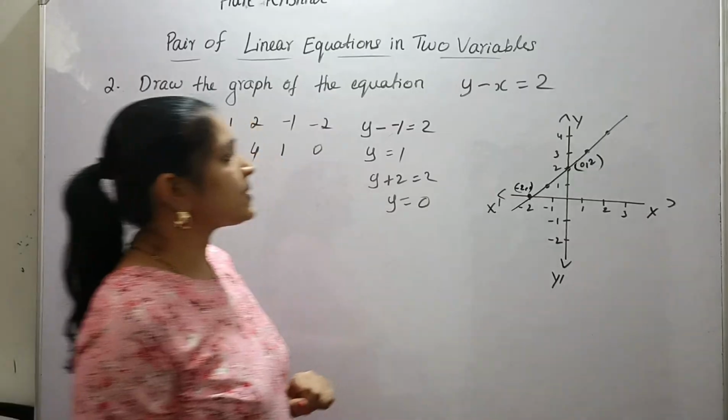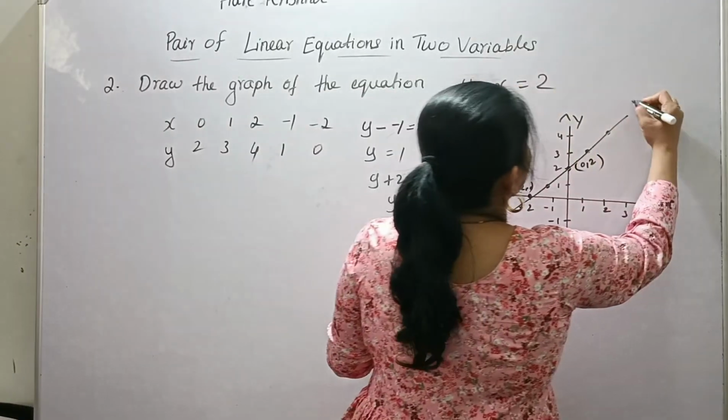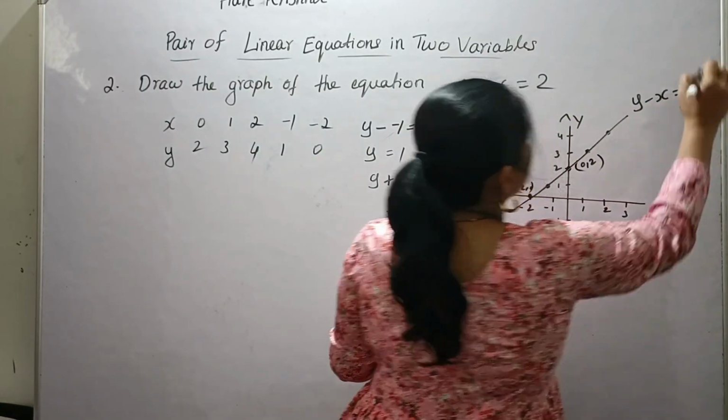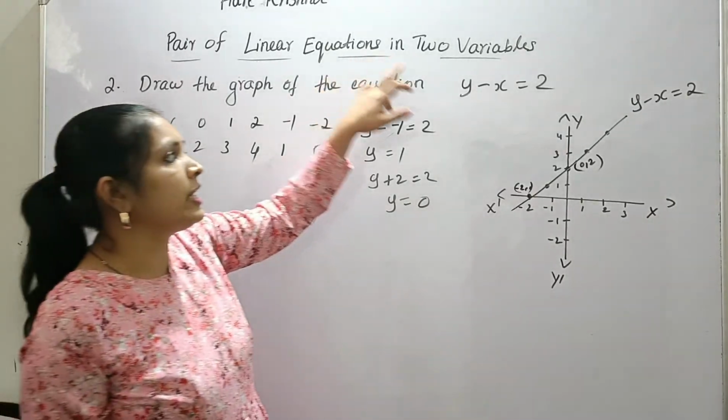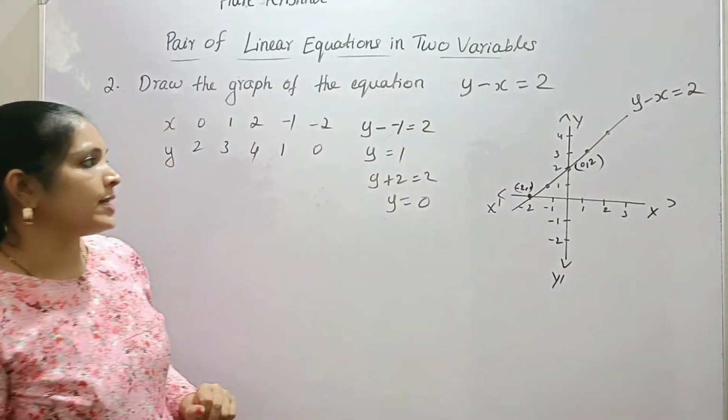So it is the straight line of the equation y minus x is equal to 2. It is the required graph of the given linear equation y minus x is equal to 2.